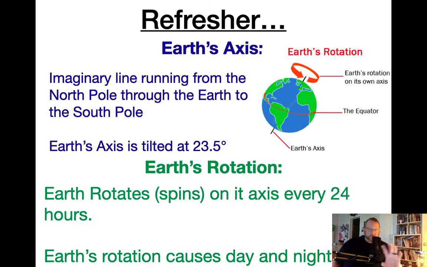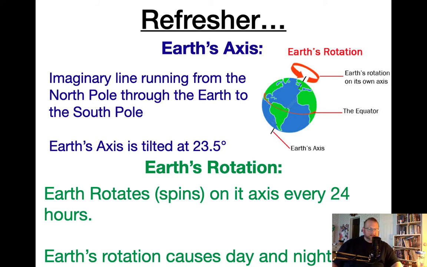Earth's rotation causes day and night. It rotates every 24 hours. It's actually 23.6 hours, but we say 24 hours. So the Earth rotates every 24 hours, which gives us our day and night. Now, if you remember back to the hemispheres, I said that the Tropic of Cancer and the Tropic of Capricorn were at 23.5 degrees.